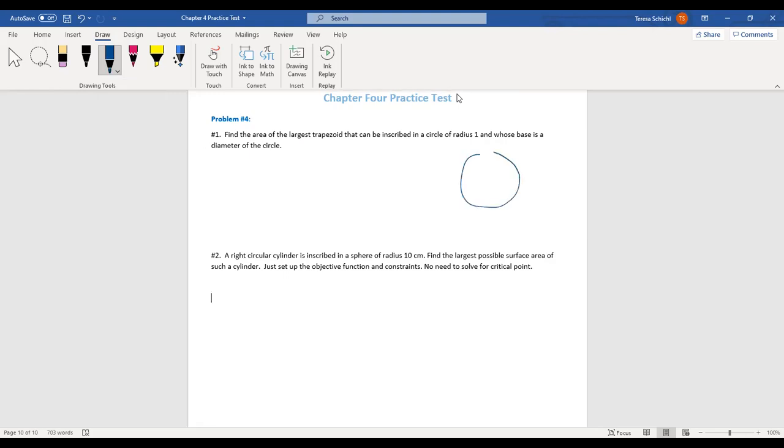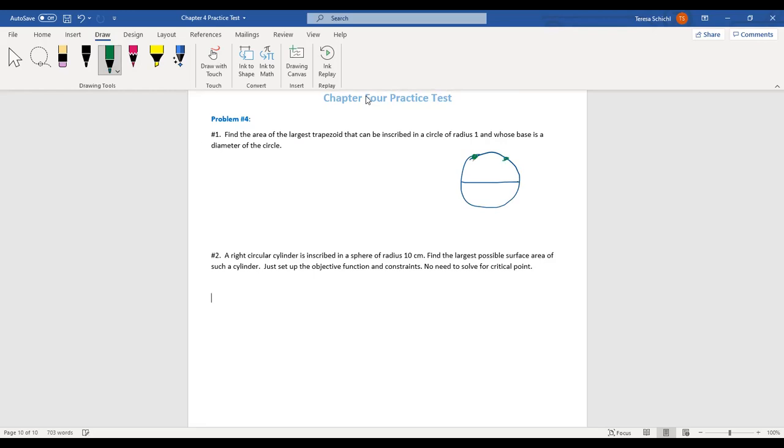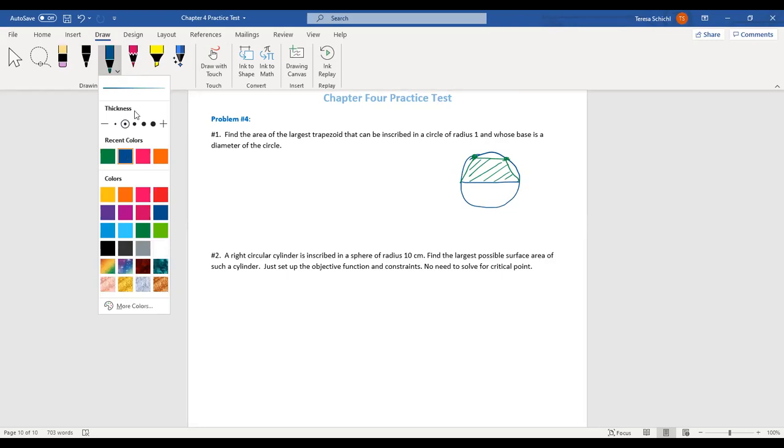You want to find the largest area of this trapezoid. We are not going to repeat this problem here, because we already did it.